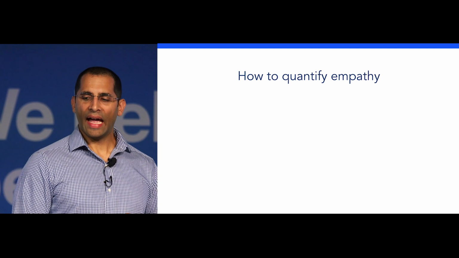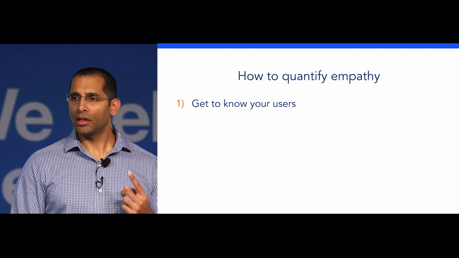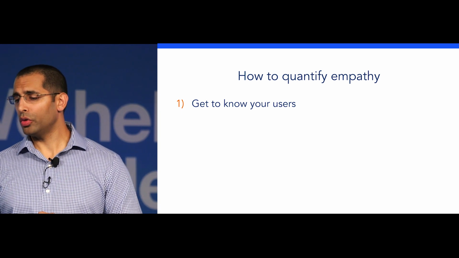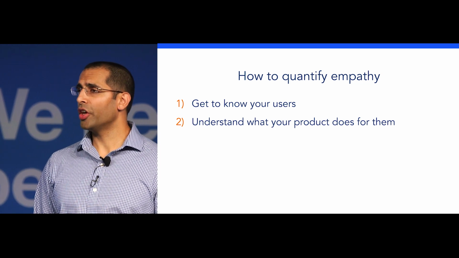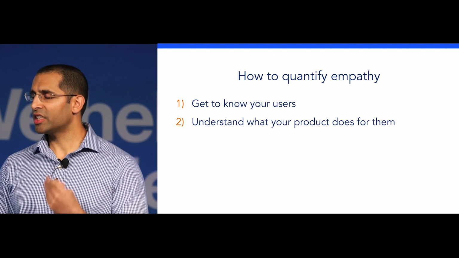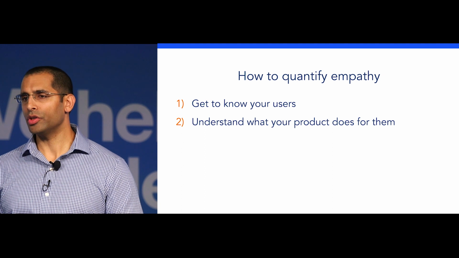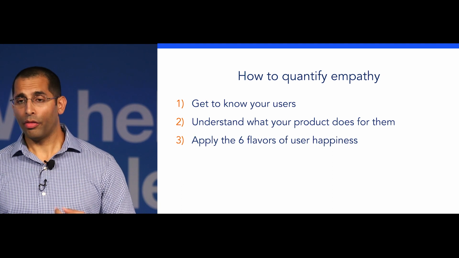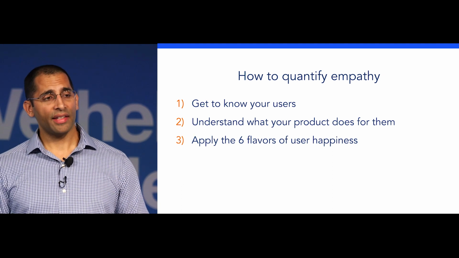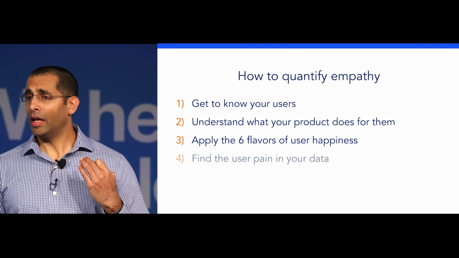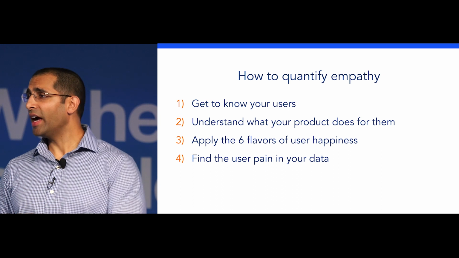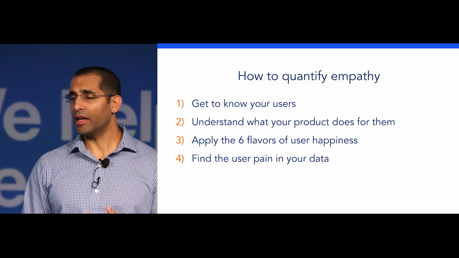So going back, how to quantify empathy. Number one, get to know your users. Number two, understand what your product does for them, what they experience and how they benefit from using your product. Number three, apply the six flavors of user happiness, RCAB-FOF. Number four, find the user pain in your data.